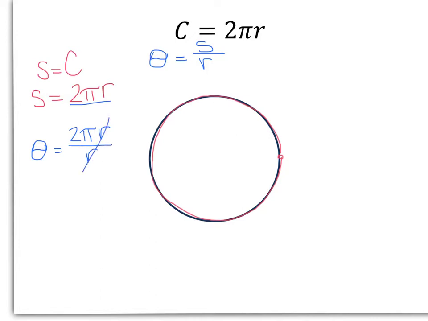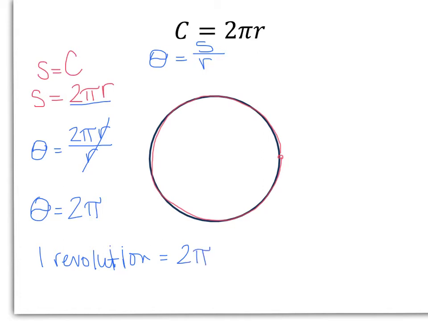These r's cancel, and what I find out is that theta on a complete revolution of a circle is 2 pi. That means that one revolution is equal to 2 pi radians.